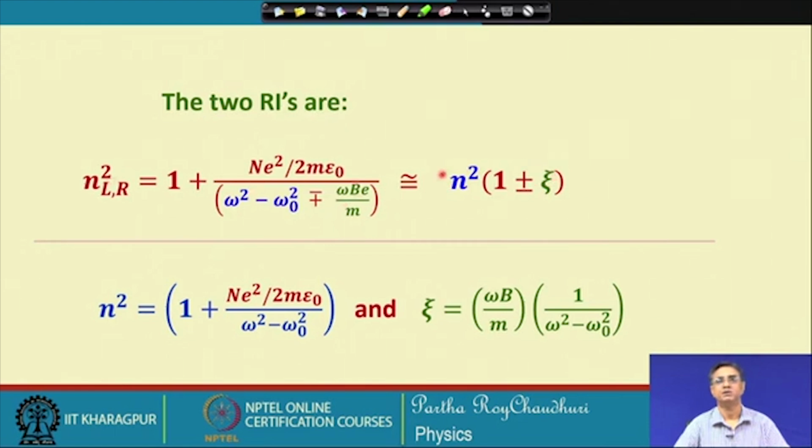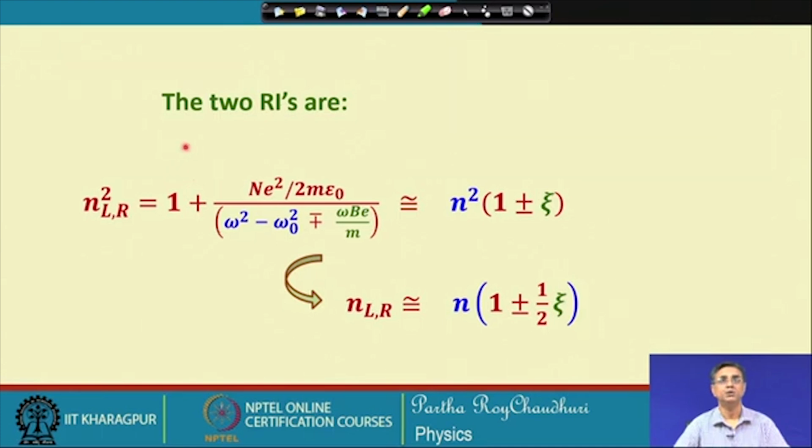So, we can approximately write this equation as n square times 1 plus or minus xi, where plus and minus take care of the left circularly polarized light and right circularly polarized light. Therefore, we can write this n square equal to this, and xi is equal to this, which is straightforward from this.